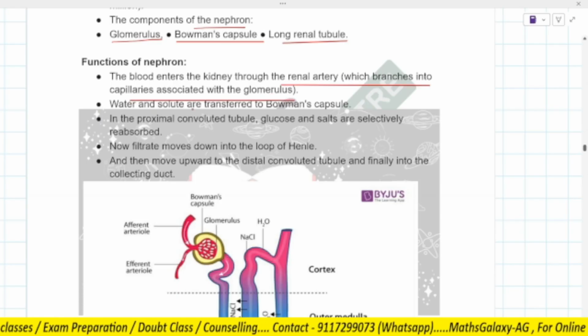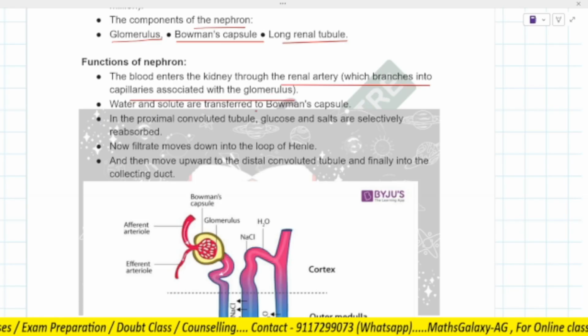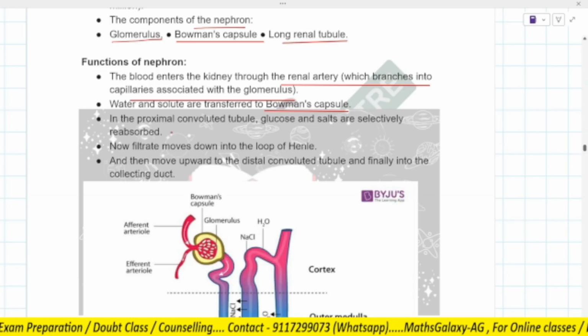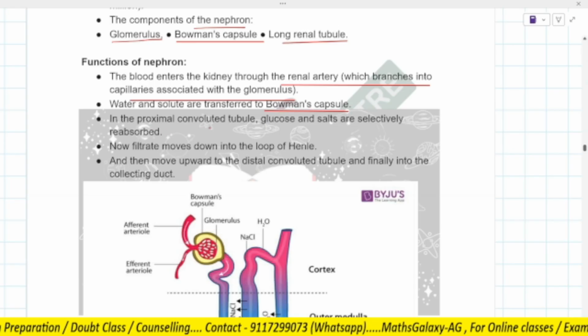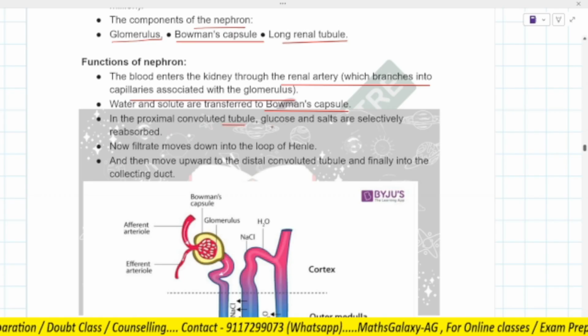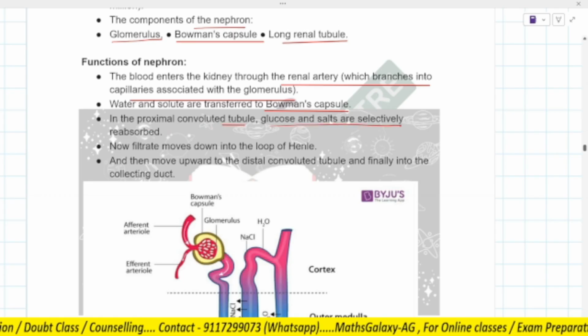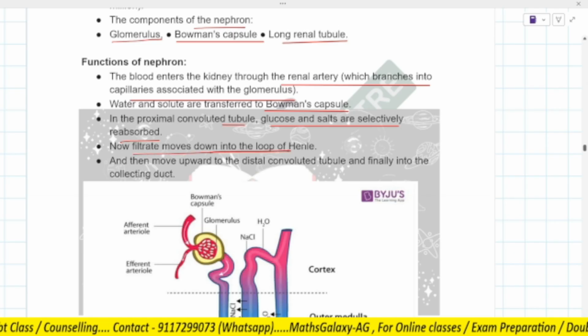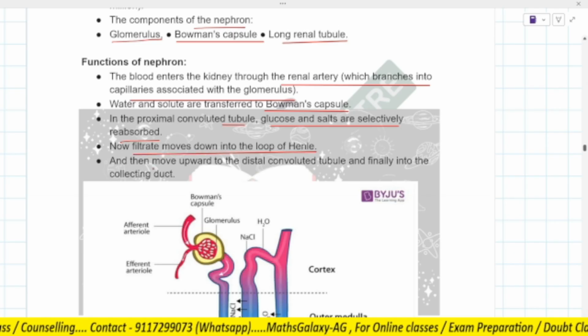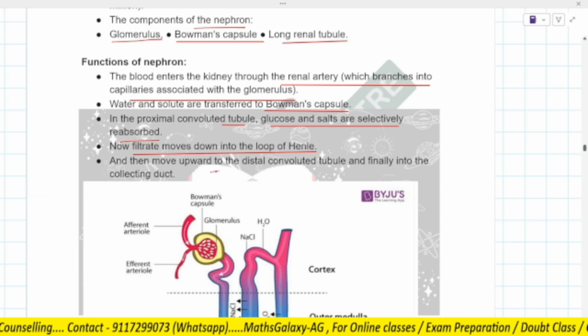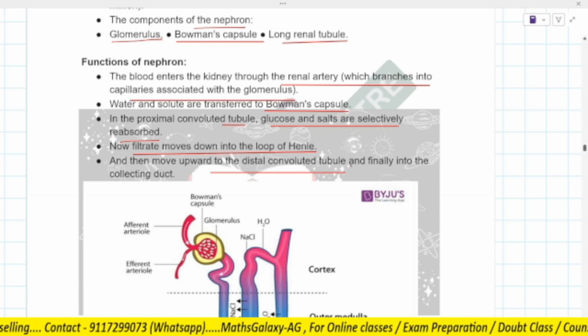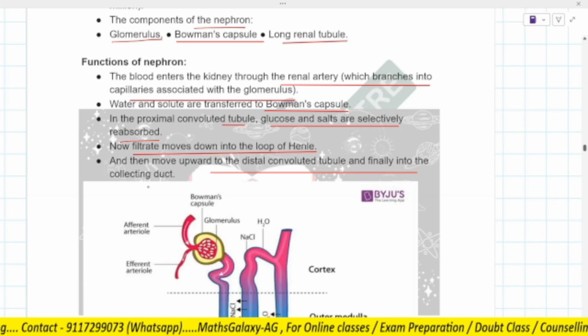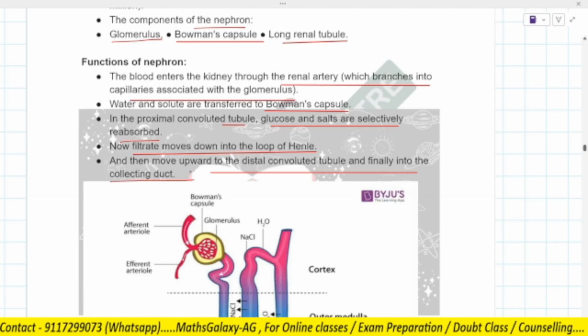Water and solutes are transferred to Bowman's capsule, and in the proximal convoluted tubule, glucose and salts are selectively reabsorbed. Now the filtrate moves down into the loop of Henle, then moves upward to the distal convoluted tubule, and finally into the collecting duct.